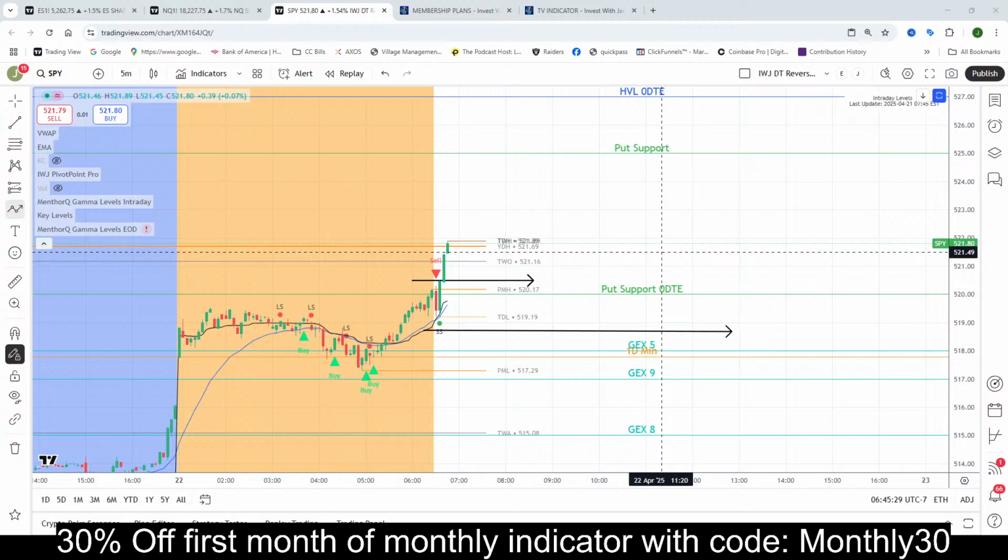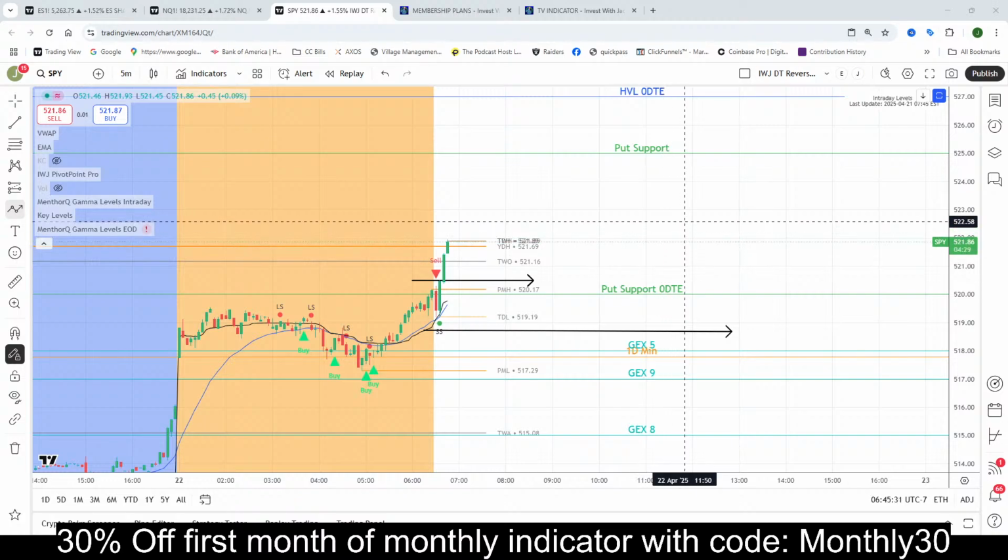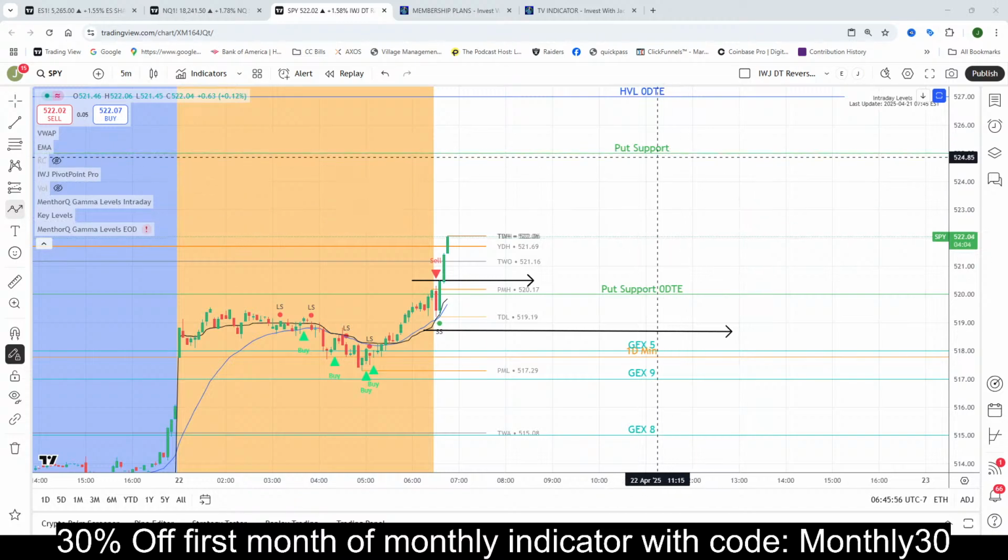I guess I should move this to Wednesday or something. At this point, next major resistance is 525, then 527.